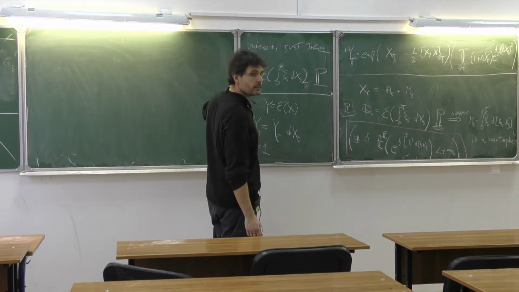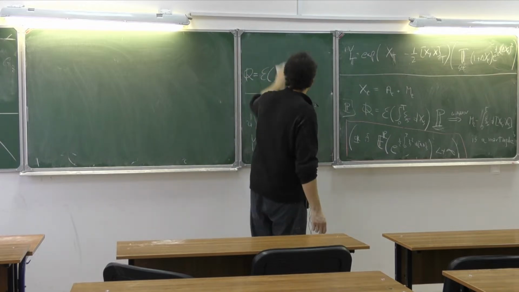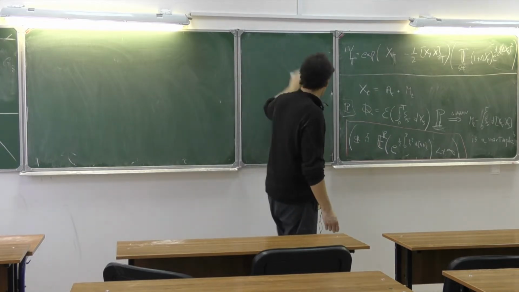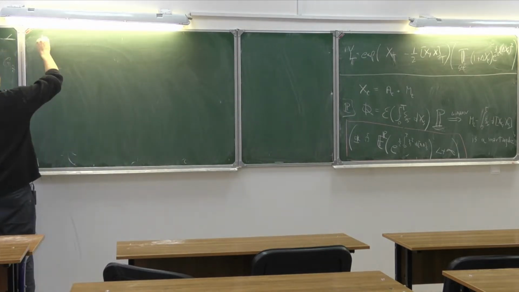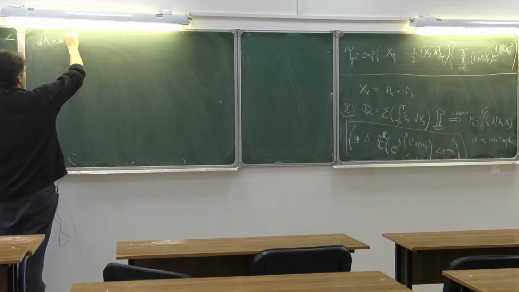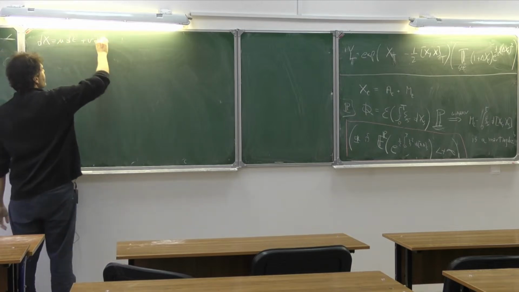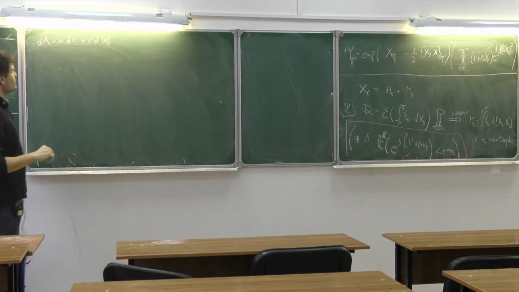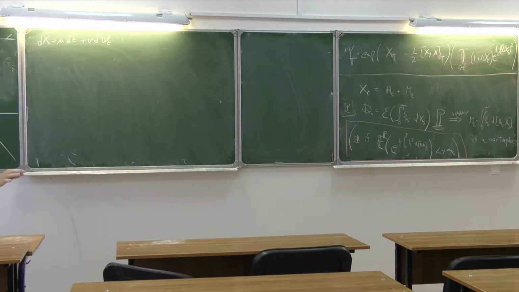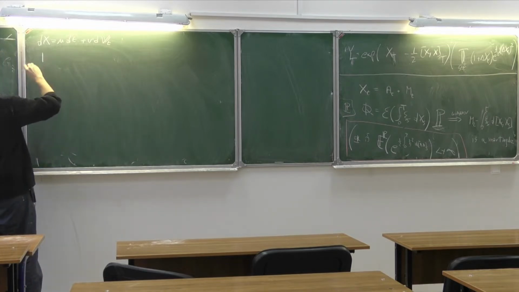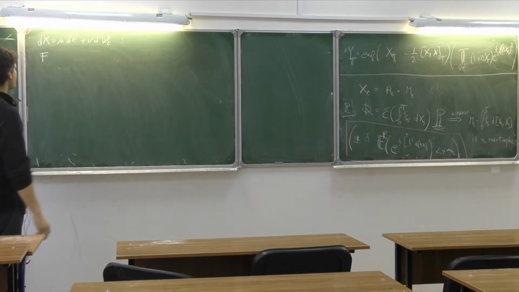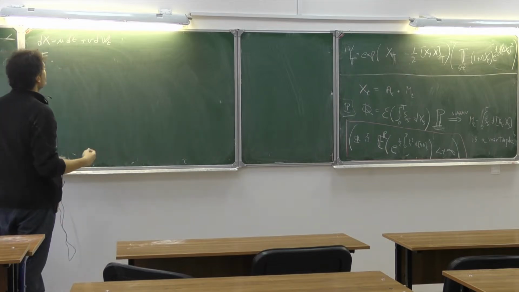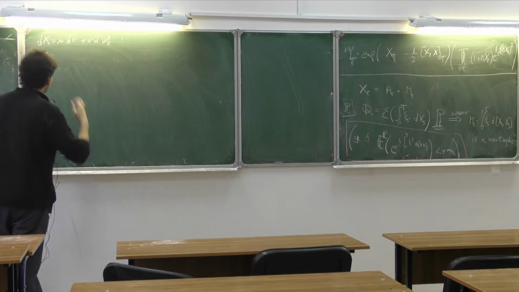Can I erase? So, for instance, you give dx equal to mu dt plus sigma dW_t. We will try to be much more explicit today. This is our market, and this is F. You want to find the fair price for F. Very well, what do you have to do?